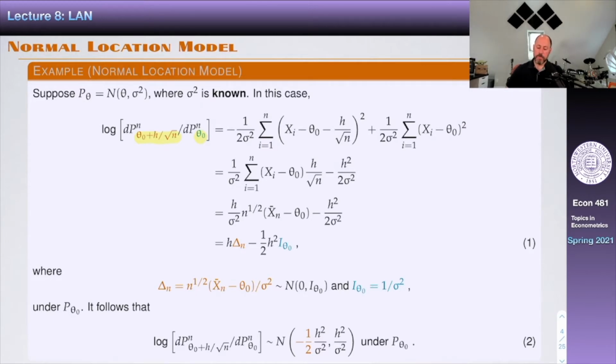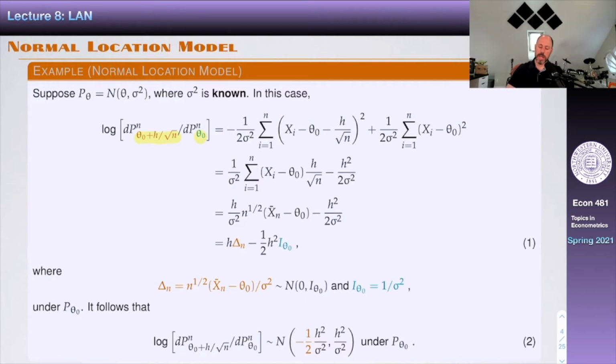Then you rearrange terms, and you end up with this object over here, 1 over sigma square, the sum of x_i minus theta naught times h divided by square root n, and then you have this non-random term right here. And if you rearrange terms and divide and multiply by square root n, you end up with square root n times x bar minus theta naught, divided by sigma square, times h.